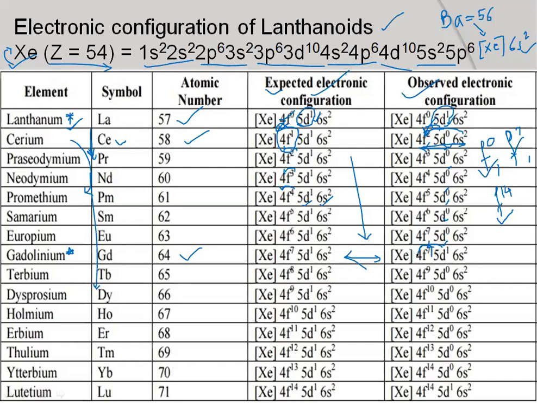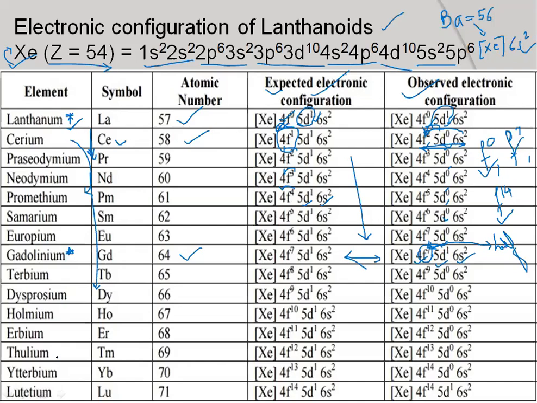Because it already has the configuration of f7, right? 4f7 is already there, so it is already half filled. Half filled means it is already stable, extra stable, right? So why would it take an electron and make itself unstable? That's why it is 4f7, 5d1, 6s2. So this you have to remember with a star mark.